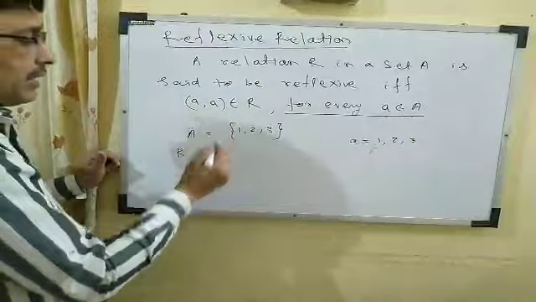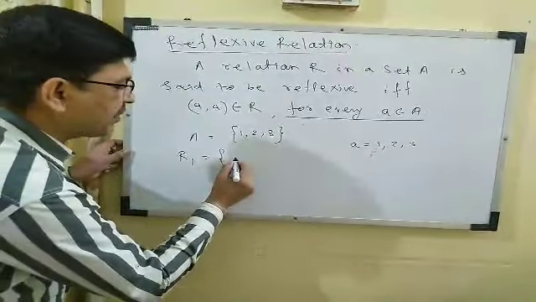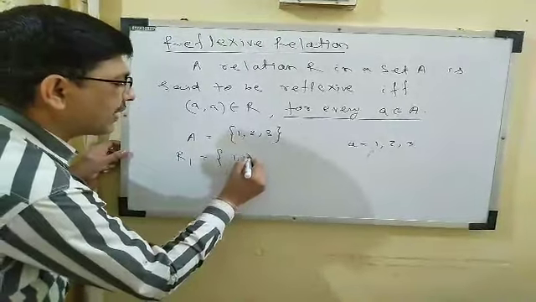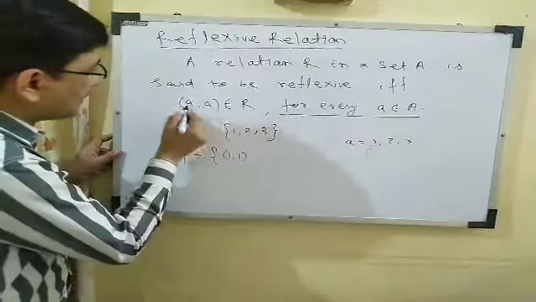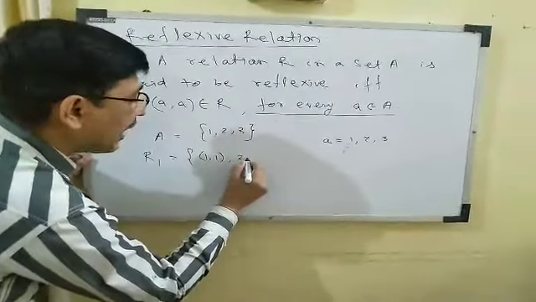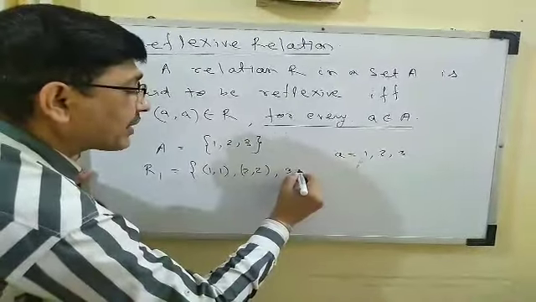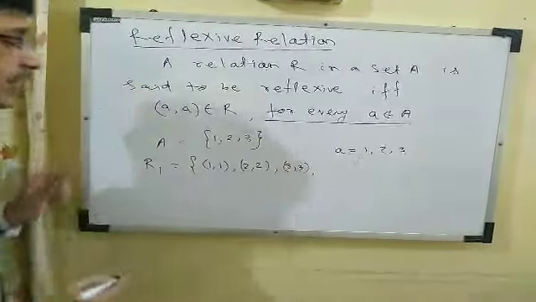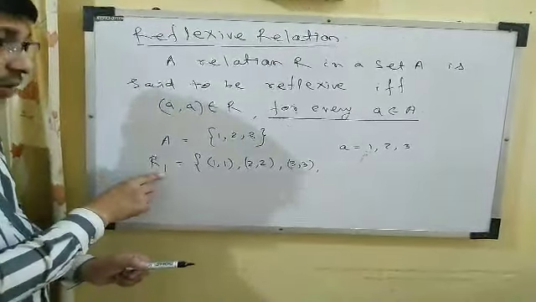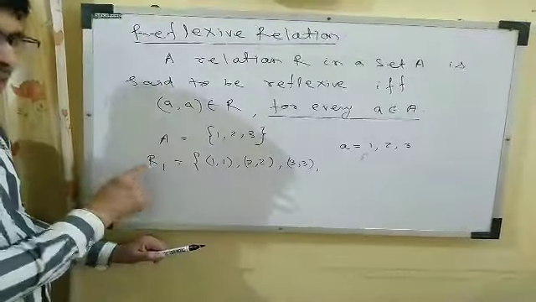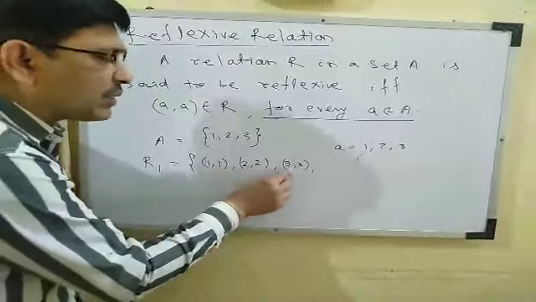That means this relation R1 will be reflexive only when 1 is related to 1, so (1, 1) should be there. Now if a is equal to 2, then (2, 2) is an element of R. If a is equal to 3, then (3, 3) is an element of R. So for R1 to be reflexive, it will be reflexive only when it contains at least these 3 elements, (1, 1), (2, 2) and (3, 3).